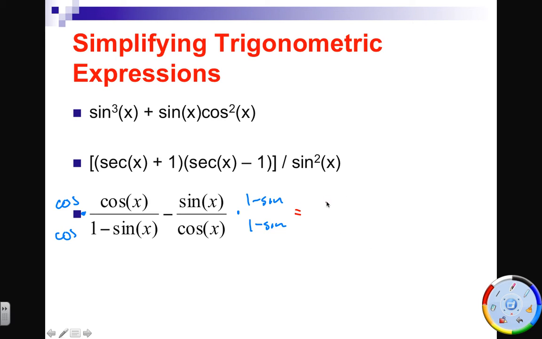So I get cosine squared x over, let's just leave it right now. Sometimes I don't multiply things through because I never know exactly if I'm going to cancel stuff later.